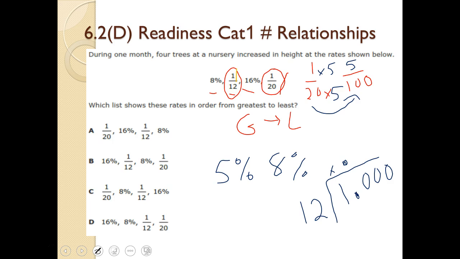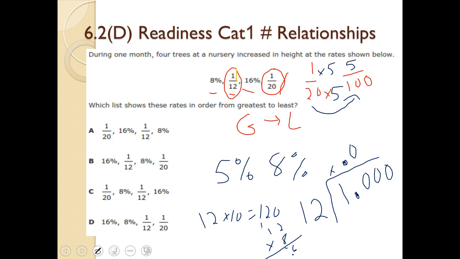With dividing, you always line up your decimals. It does not go into 10, so we're going to put a 0 here. Now it's figuring out how many times 12 goes into 100. Well, I know 12 times 10 is 120. So if 12 times 10 equals 120, it's got to be less than that. So let's try maybe 12 times 8. 8 times 2 is 16. 8 times 1 is 8, plus that one more is 9.